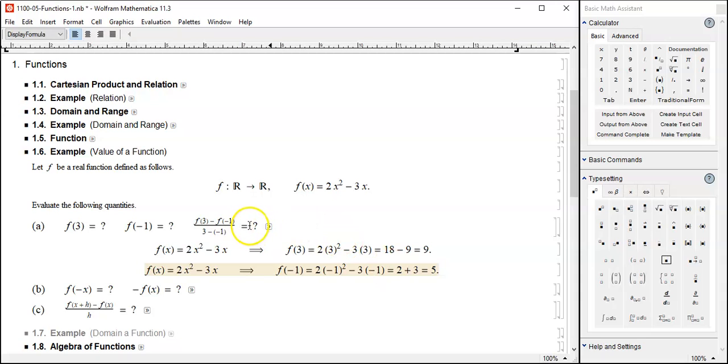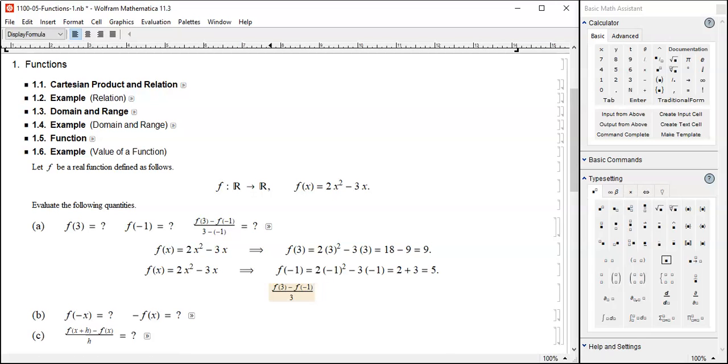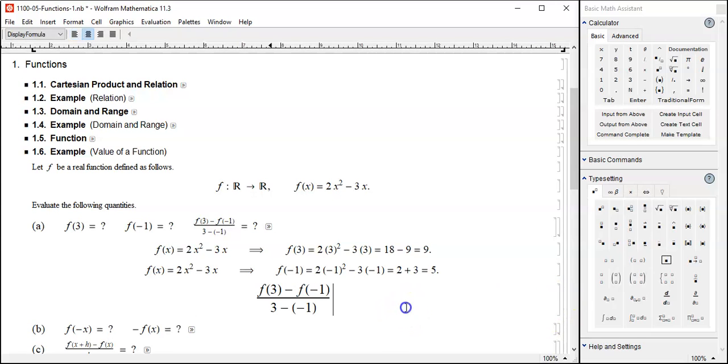How about this quantity here? Divided by... let me expand the font a little bit. Okay, all right. The denominator is pretty simple. 3 minus negative 1. That's easy. Now, what is f of 3?